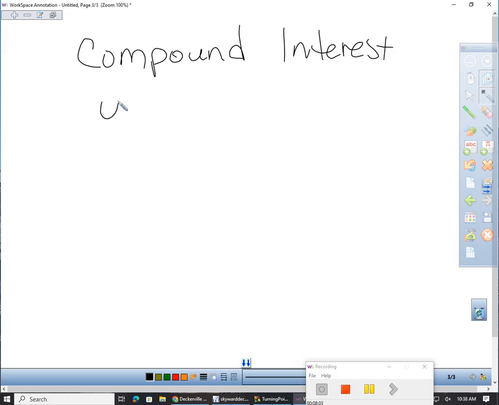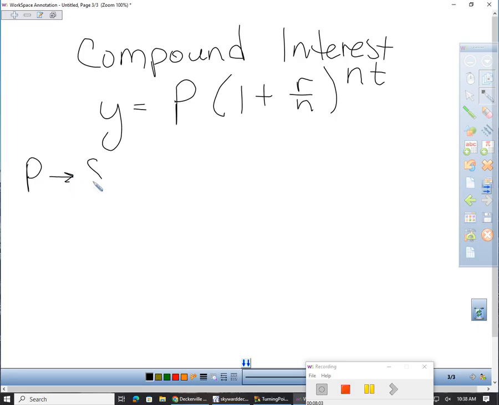So my equation is y equals P(1 plus r over n) to the nt. So I've added another variable. P, again, represents the starting amount. R is your rate as a decimal.